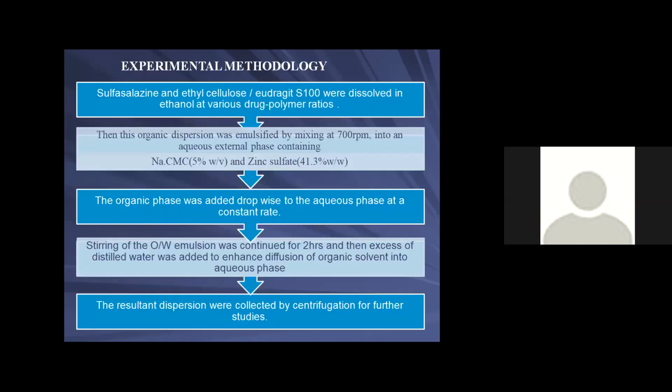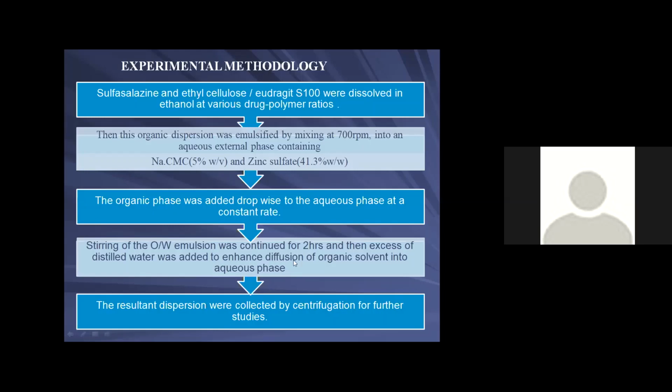So the methodology here: the drug and polymer were both dissolved in ethanol as per the drug polymer ratios. Then the organic phase was emulsified at 700 RPM into the aqueous phase containing sodium CMC 5% and zinc sulfate as the salting agent. The organic phase was added dropwise to the aqueous phase at a constant rate.